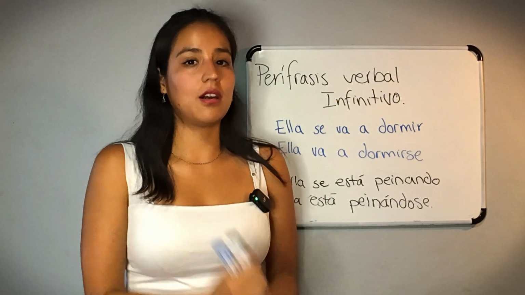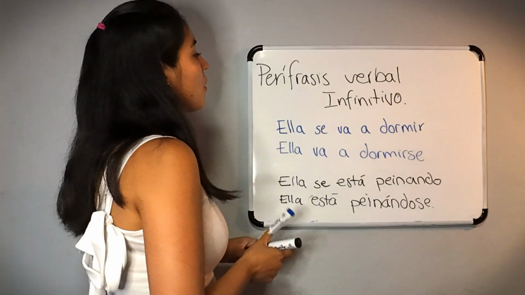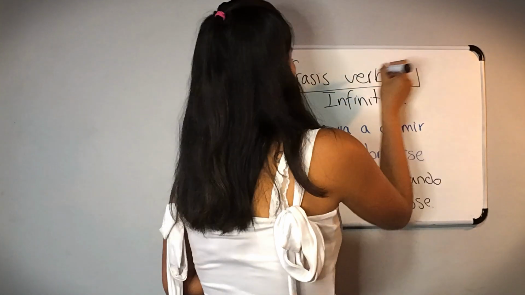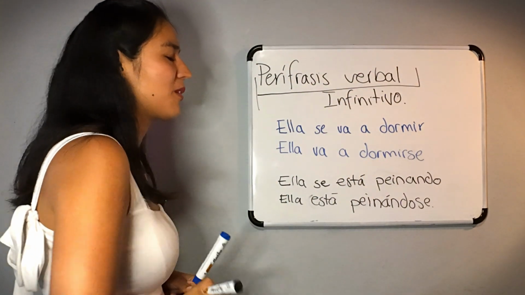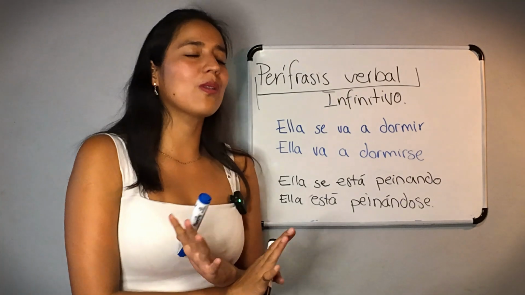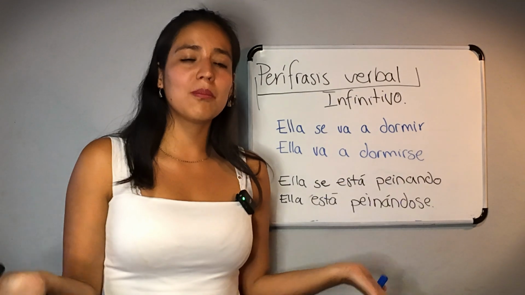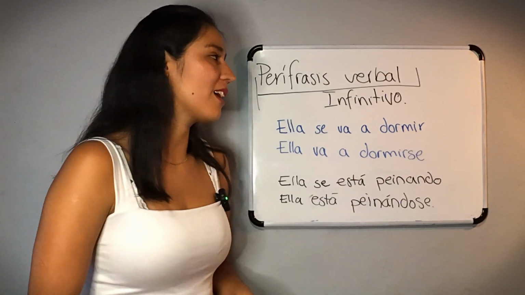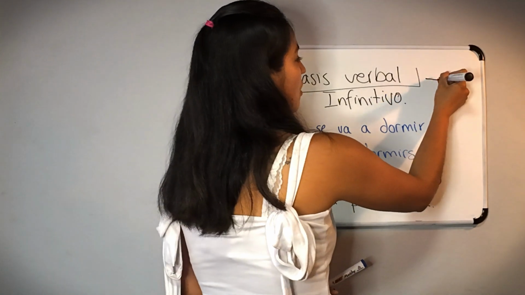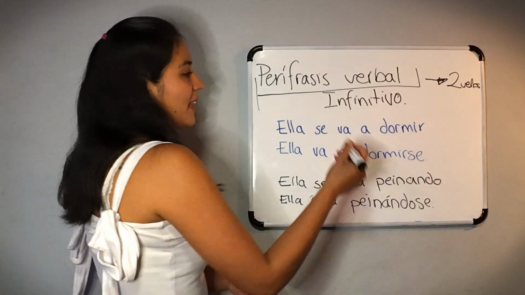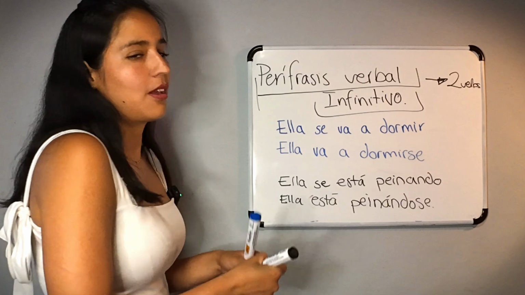Okay, here we are, the order. So this is perífrasis verbal. And probably you're going to ask me, what is that? Well, I'm going to explain in the simplest form. It means that you are using two verbs instead of one. And we also have the infinitivo. The infinitivo, everyone knows, infinitive.